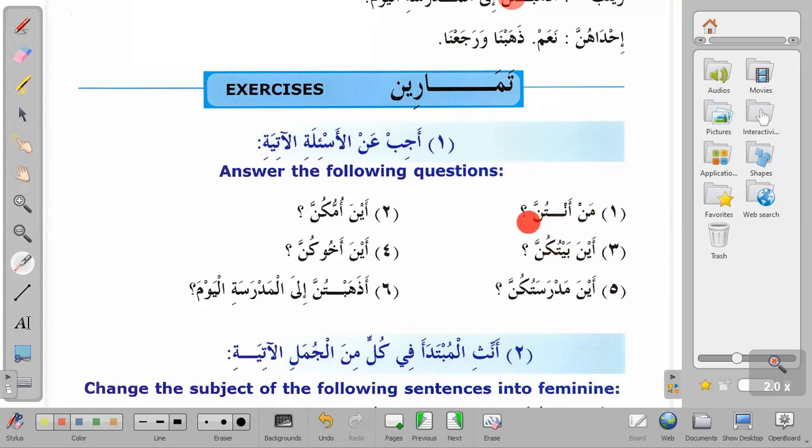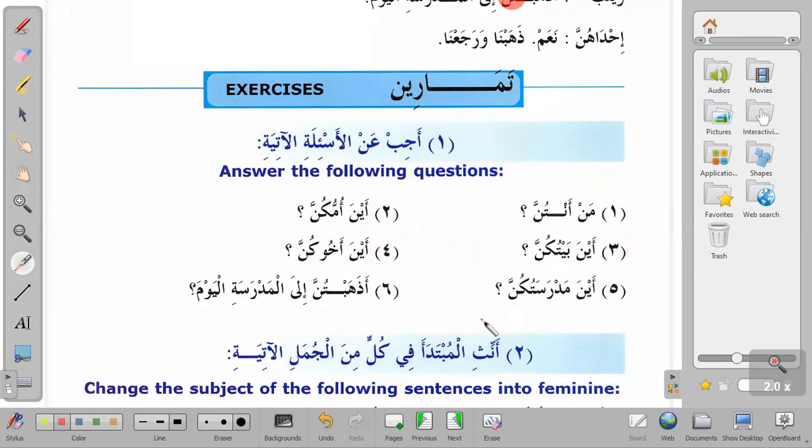Assume that you are with your friends and all of you are girls, and you are replying in that form. I hope that is clear. If you face any difficulty, you let us know. Contact us and inform us. Inshallah, we'll help you out. So just try your hands on this first part.